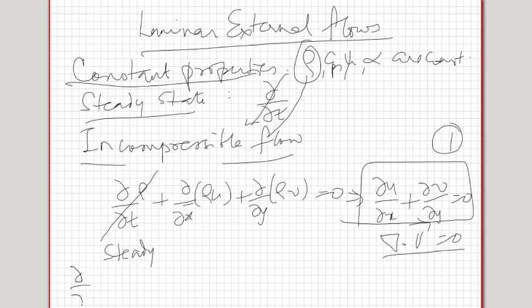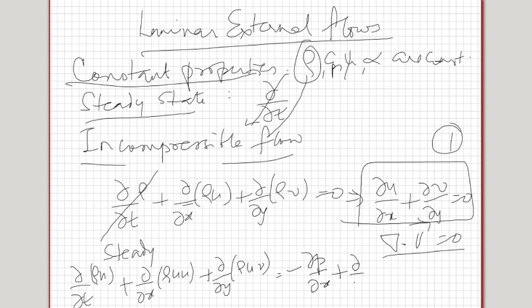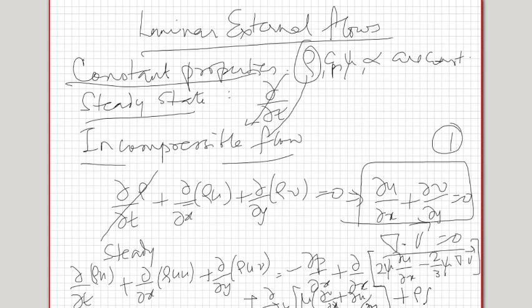You write del by del t of rho u, plus del by del x of rho u u, plus del by del y of rho u v, is equal to minus del p by del x, plus del by del x of the tau xx terms other than pressure, which will be 2 mu del u by del x minus 2 by 3 mu del dot v, plus del by del y of mu times del v by del x plus del u by del y, plus rho fx. So these are the terms.